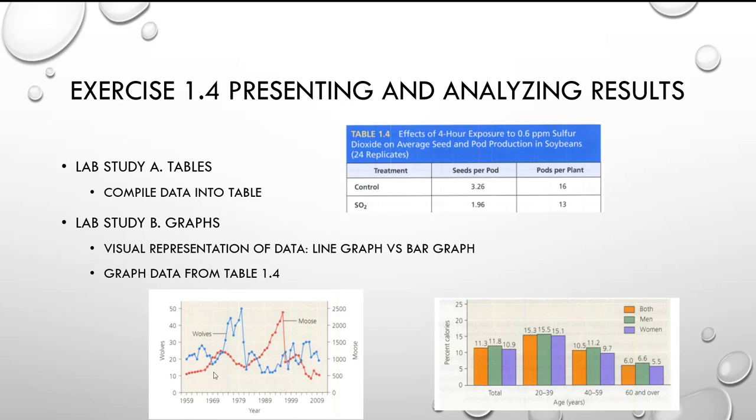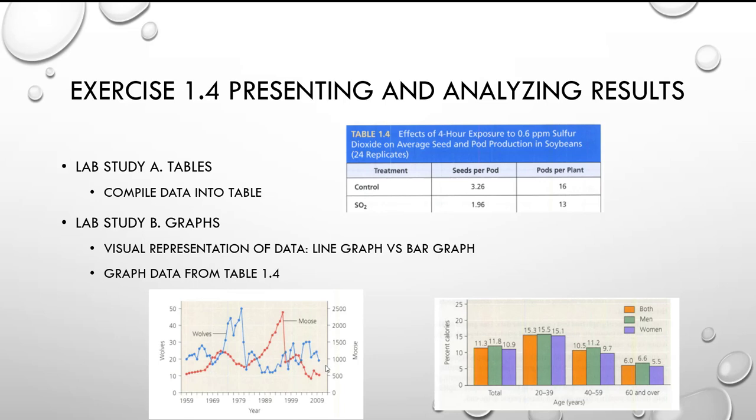Okay, since time is continuous, we have a line graph. You can see in this case we have 2 lines, so they indicated the 2 lines with color, and then they labeled the lines as well.